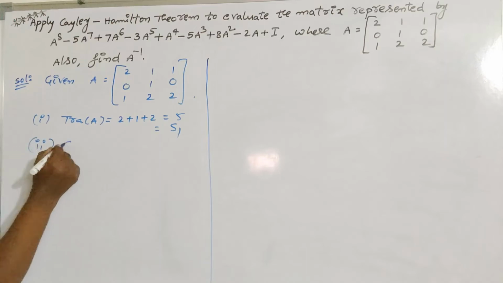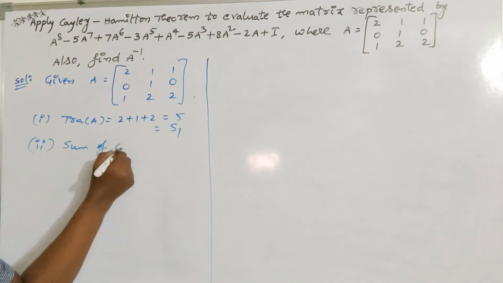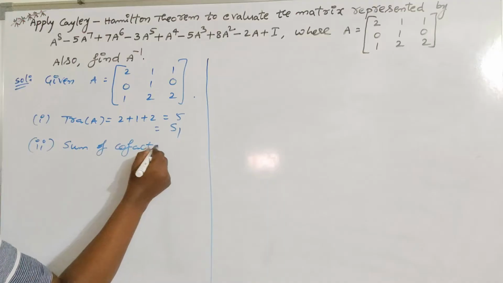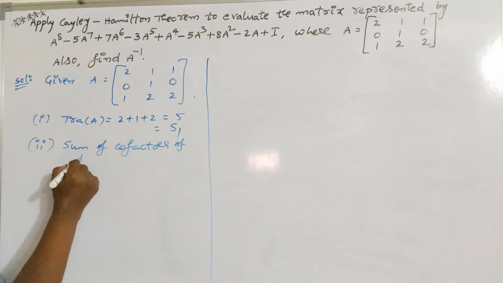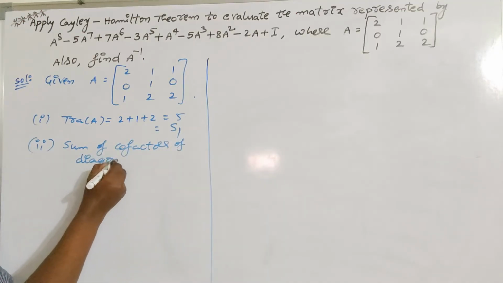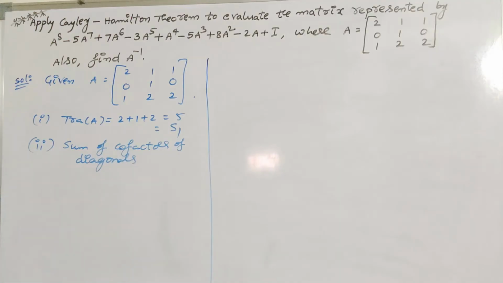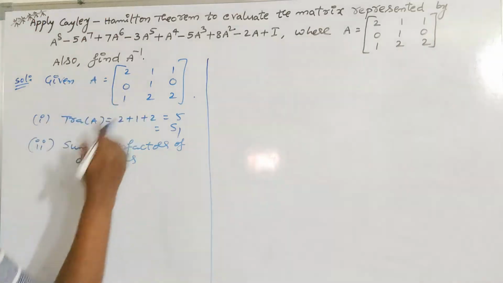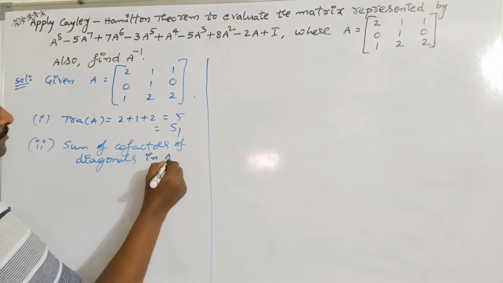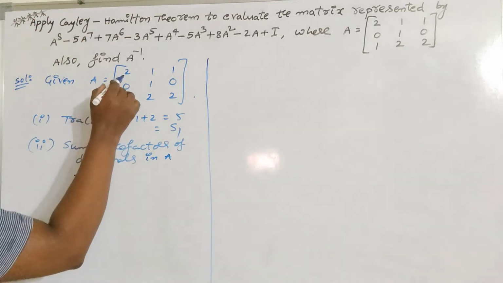Second one, sum of cofactors of diagonals. There are 3 diagonals, so you should find out the 3 cofactors of those 3 diagonals and add them. What is the cofactor of the first diagonal?